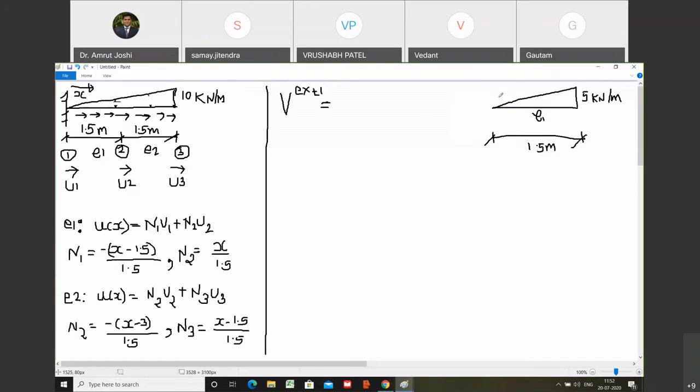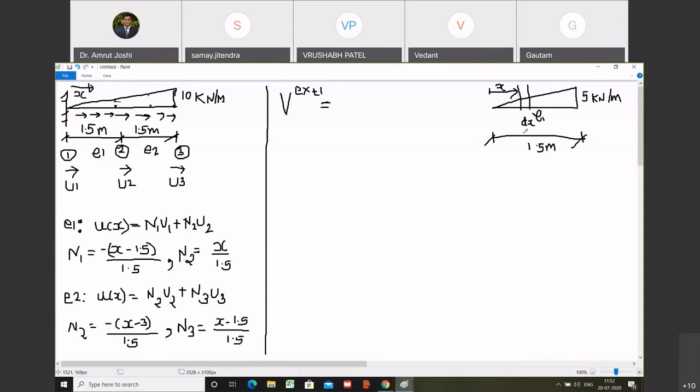Now, at distance x from the left end, I consider a strip of width dx. Question: how small should this dx be? This dx should be so small that over it the intensity of loading can be assumed to be constant.